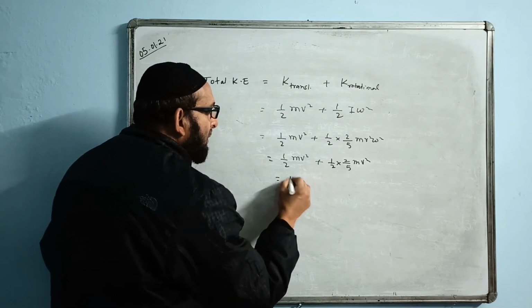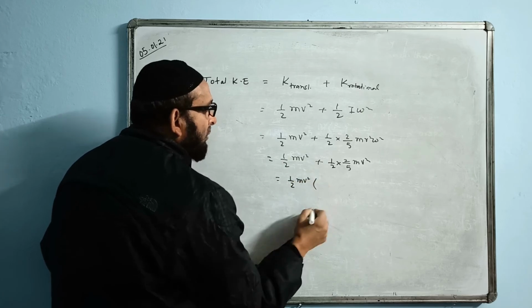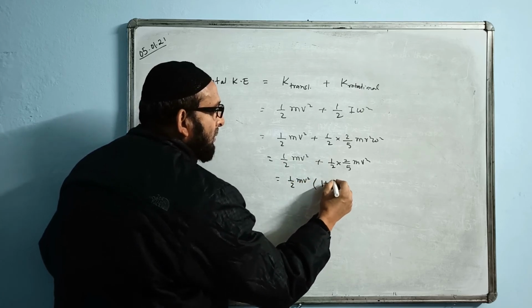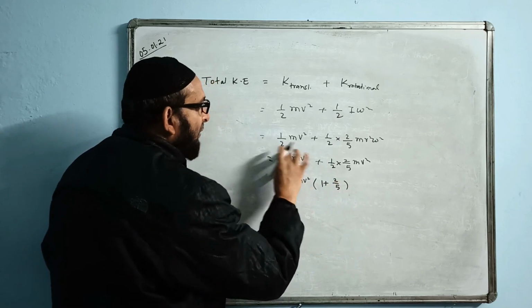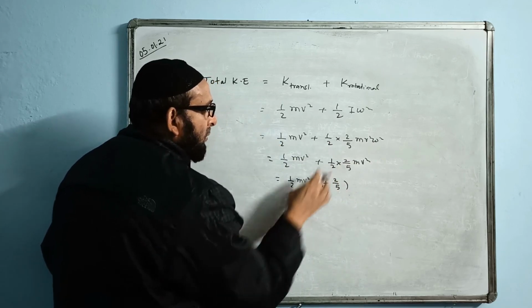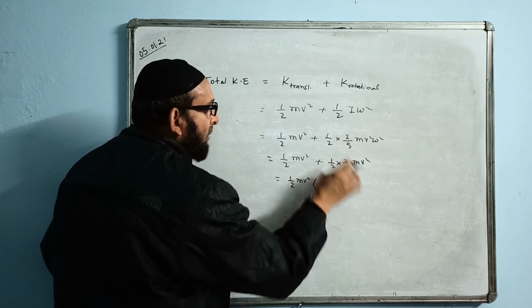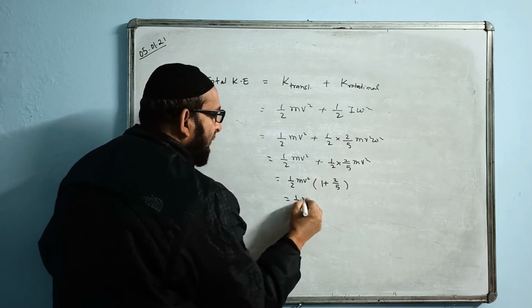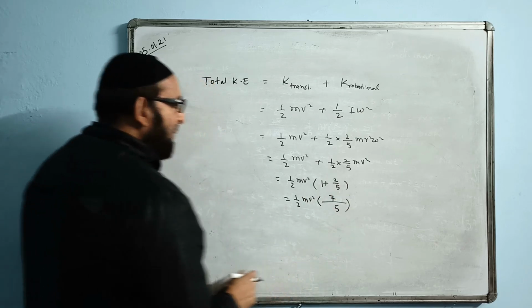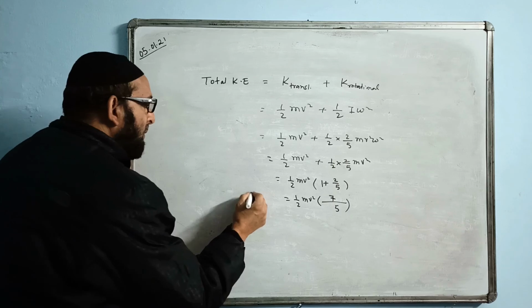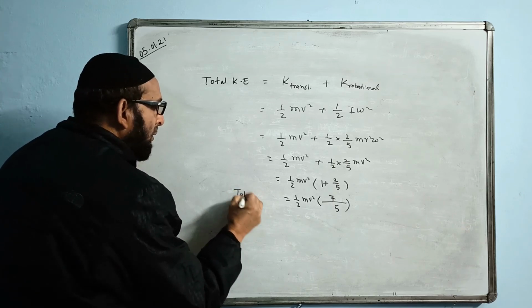We can take half mv square common. You get 1 plus 2 by 5 over here. Take LCM 5, this becomes 7 by 5. You get half mv square times 7 by 5. This is the value of the total kinetic energy.